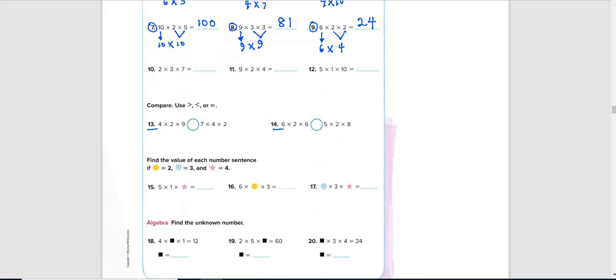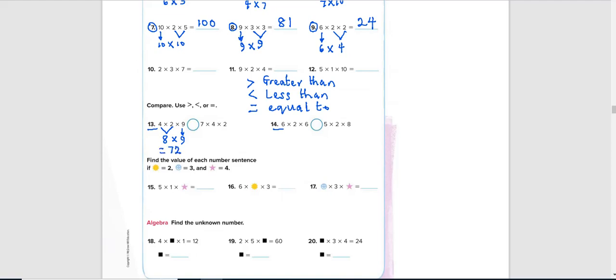Remember, we've learned these symbols before: greater than, less than, and equal to. For question number 13, let's do 4 times 2 is 8. I bring the 9 down. 8 times 9 is 72.